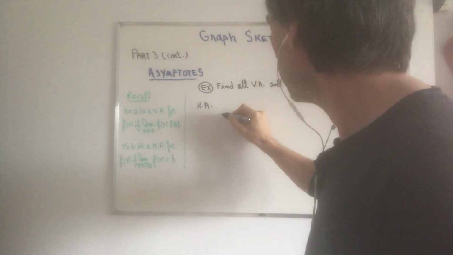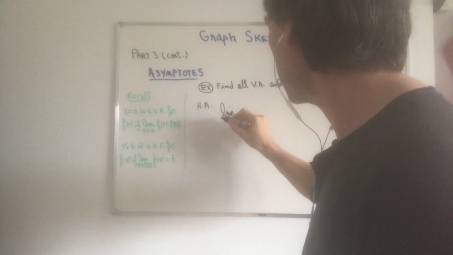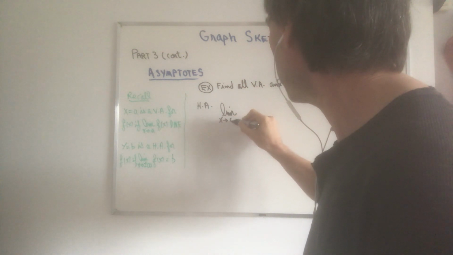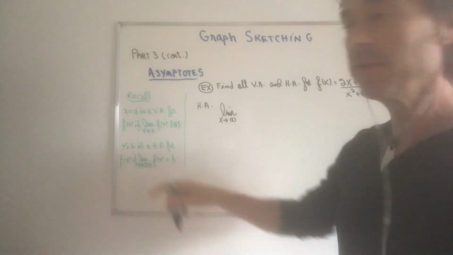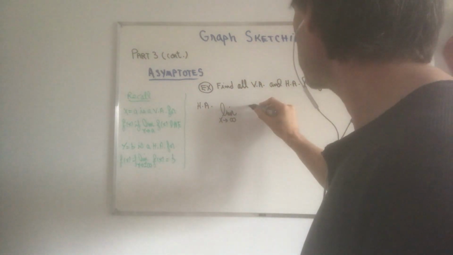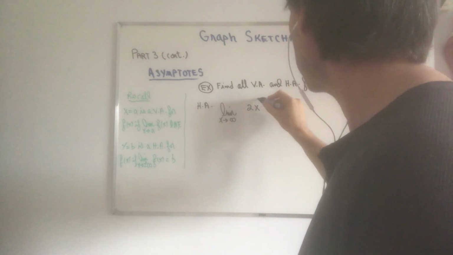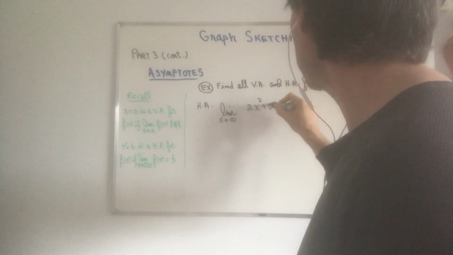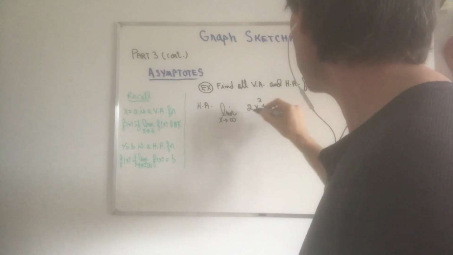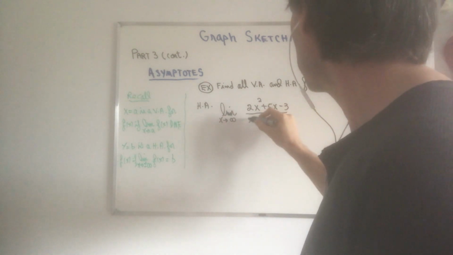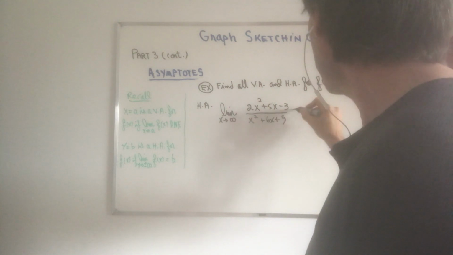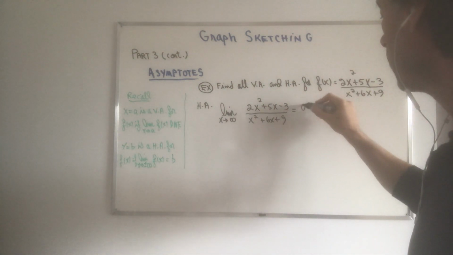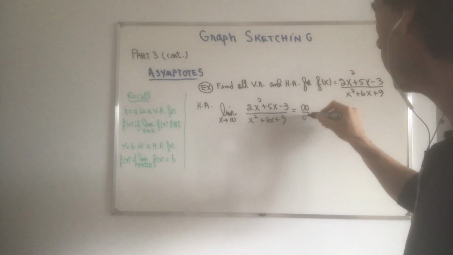We're going to take a look at the limit as x approaches, we're going to begin with infinity, because we should be doing plus or minus infinity, right? So the limit as x approaches infinity of 2x squared plus 5x minus 3 all over x squared plus 6x plus 9. We cheat and we're going to get clearly infinity over infinity.